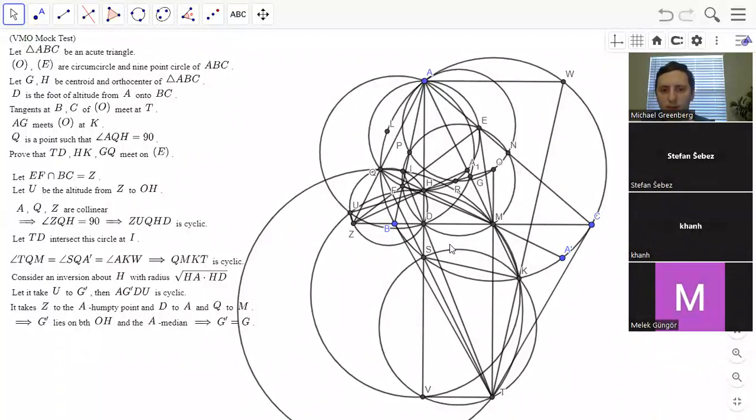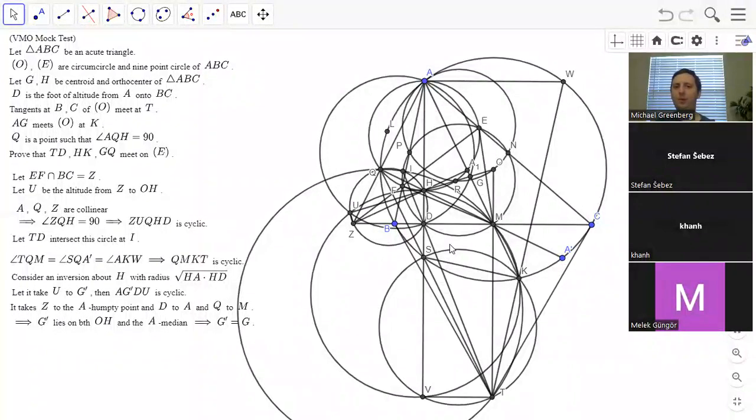So we want to show TD, EF, and QM concur. That doesn't seem like it should be that hard, but maybe it's trickier than it looks.